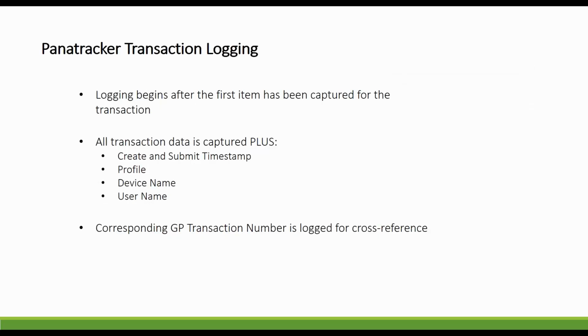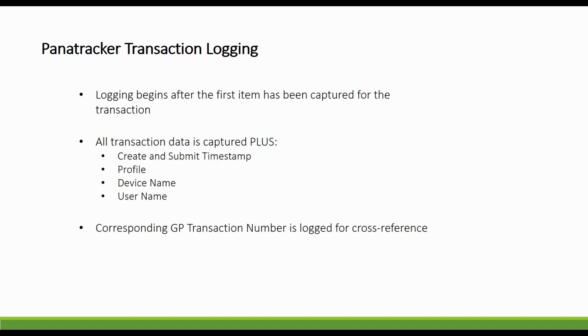The Panatrack Transaction Logging Database is a fantastic feature of the portal and something we've been very proud of for 13 years. This is detailed transaction logging, which allows us to capture all sorts of information from every transaction that is submitted on the Panatrack application. All of the standard transaction data that you see on the scanner is captured, as well as timestamps for when the transaction was created and when it was submitted. We capture what profile was used, what device was used.